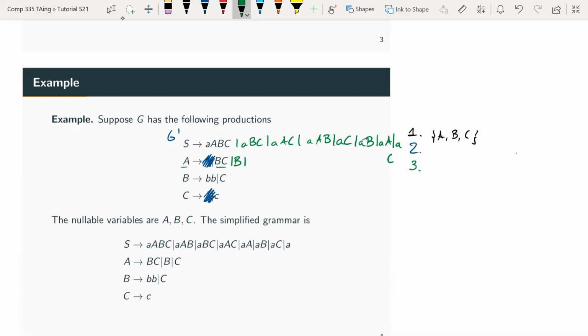And then I'm done writing out all the possible combinations for all of the production rules. And so this becomes my equivalent grammar G prime that does not have any lambda productions and by consequence, no nullable variables.